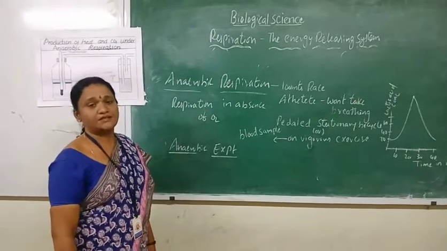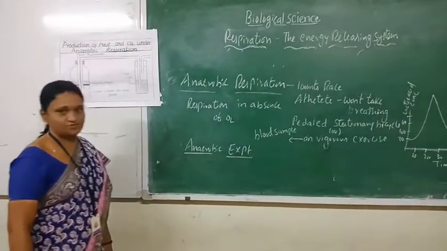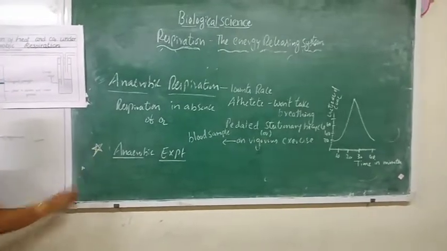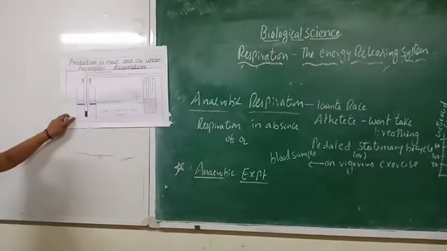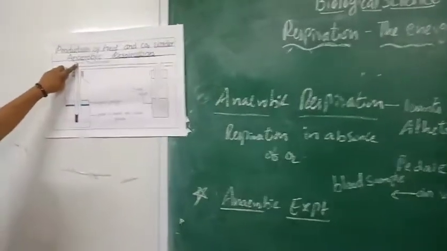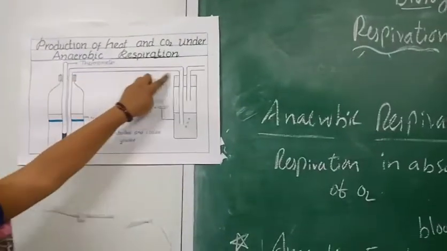Now let's see the anaerobic respiration experiment. To carry out the experiment, we need a thermos flask, one thermometer, and one U-shaped tube.